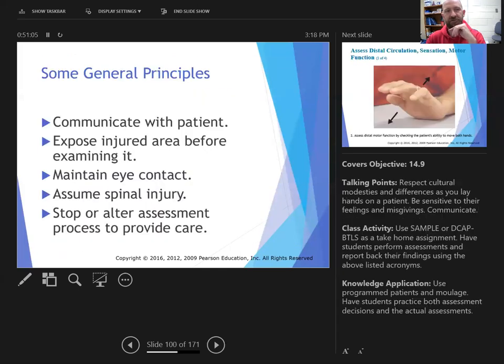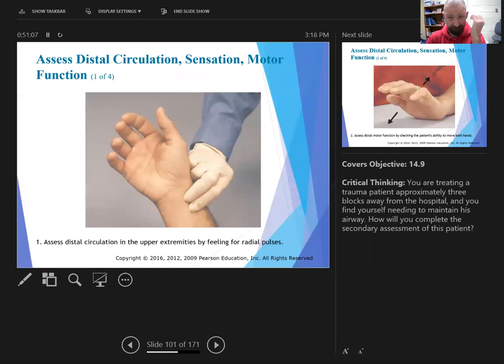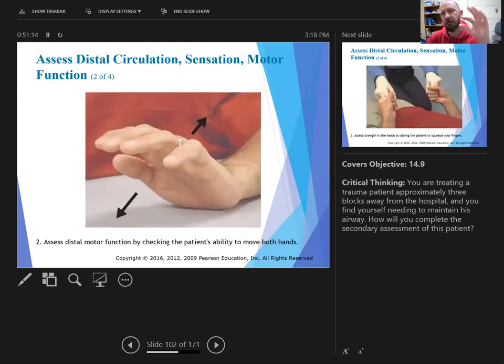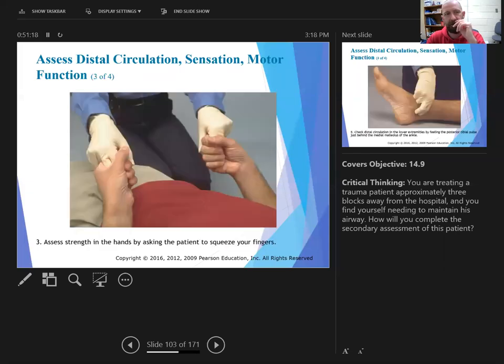All right, so here is showing some assessment of the PMS or CMS there. So checking the pulse again, looking for movement. You can get some flexion of the wrist there. Equal grip strength, right? Just have them put up 2 fingers, have them grab on, say squeeze them real hard, and it only has to happen for a second.